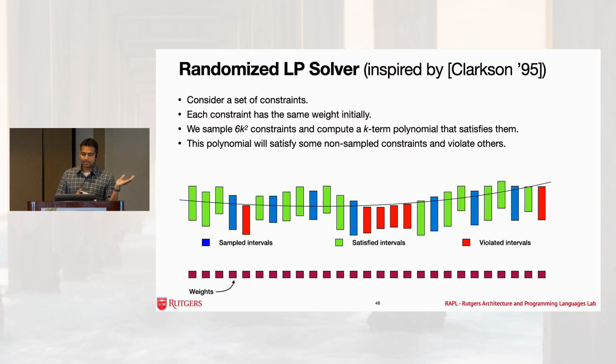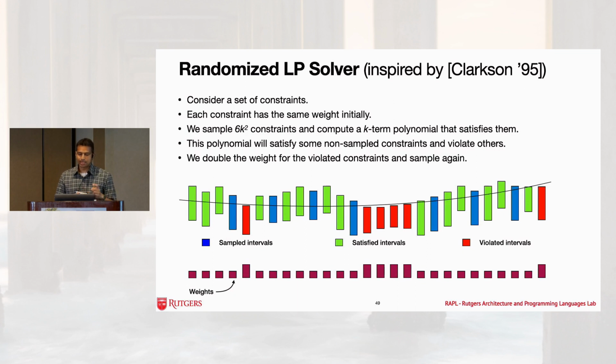In general, this polynomial also satisfies some of the unsampled constraints and violates the others, as we show here through our color scheme. We double the weight of the violated constraints and repeat the sampling process. Doubling the weight increases the probability of sampling the violated constraints in subsequent iterations.